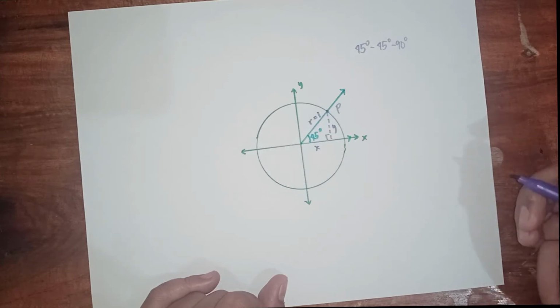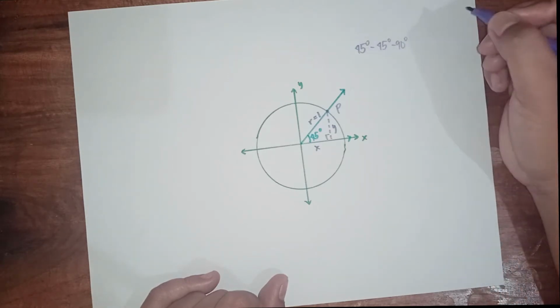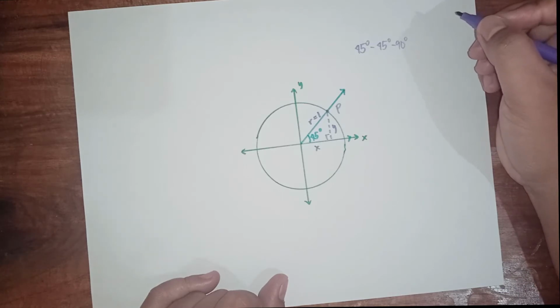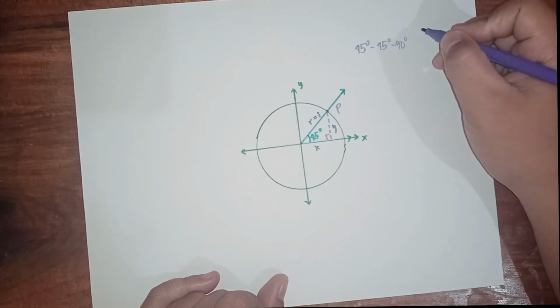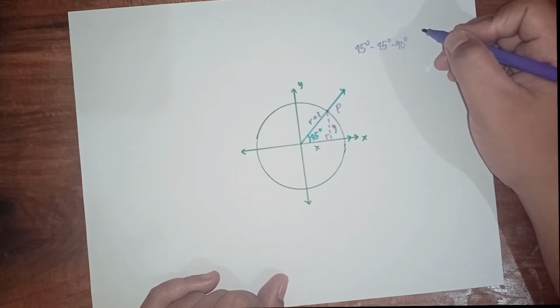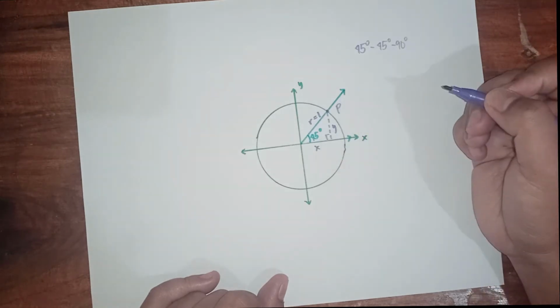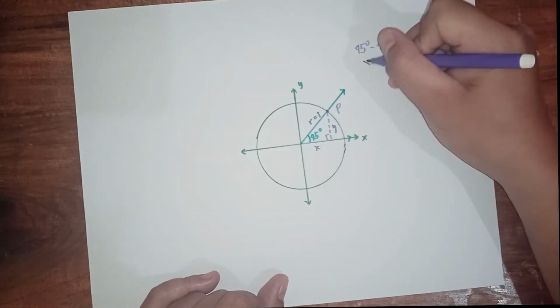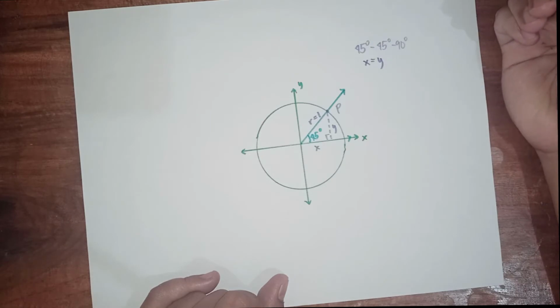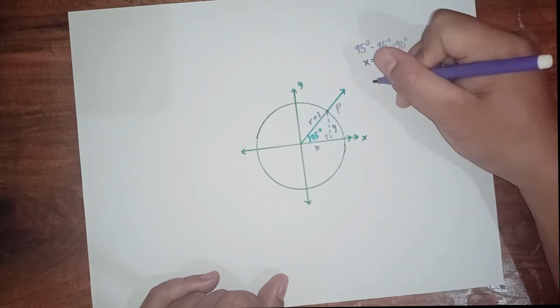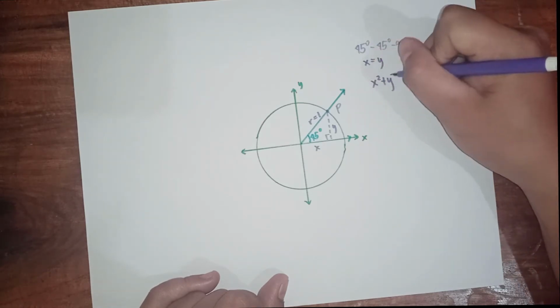Now, using the theorem in geometry regarding the 45, 45, 90 degree triangle, it states that the legs of a 45, 45, 90 degree triangle are equal. So it means to say x and y are equal. So x is equal to y. Now, by using the Pythagorean theorem, we have x squared plus y squared equals r squared.